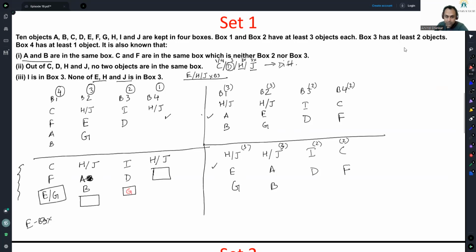So G comes here and E stays here. Now box 1 and box 2 is going on. E is definitely not happening here. Okay. Because in these cases, box 3 and box 2 are not same. So this is the only possibility. C, F, E in box 1, H or J, A, B in box 2, I, D, G in box 3, and H or J in box 4.